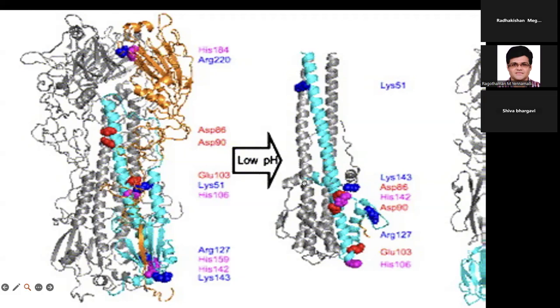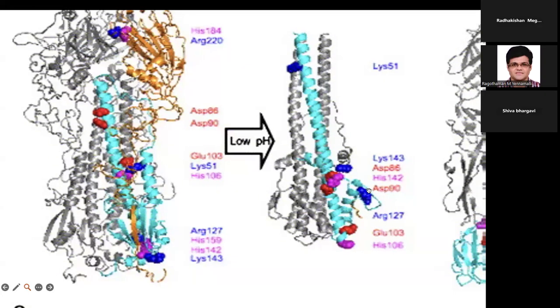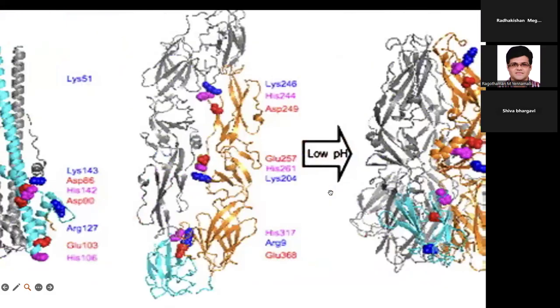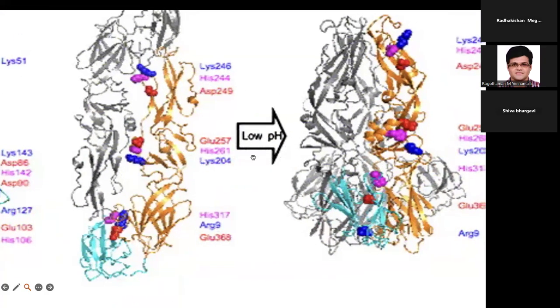At low pH, in the endosome, this influenza hemagglutinin undergoes a conformational change, and this conformational change disrupts the bonds between the histidine and the other residues. So that's what you see here. The histidine makes some other bonds.